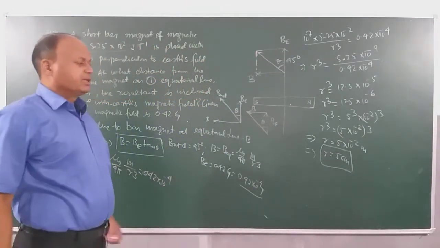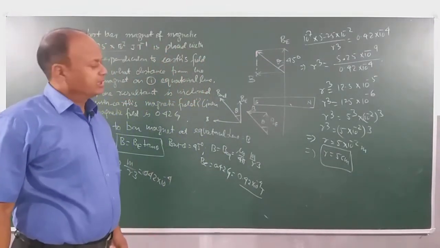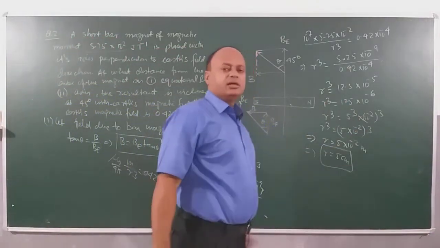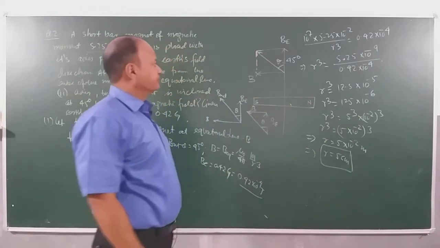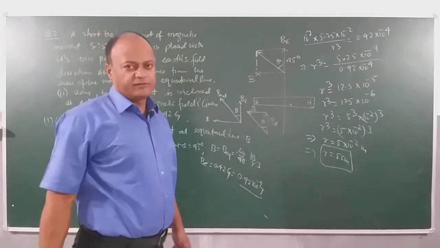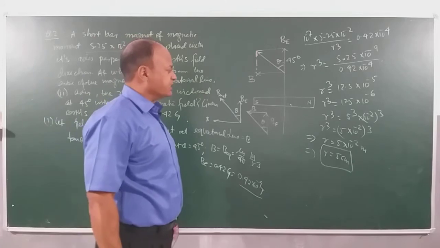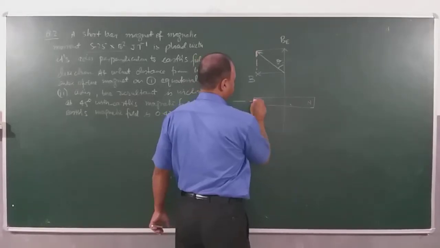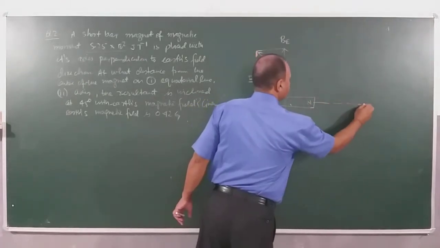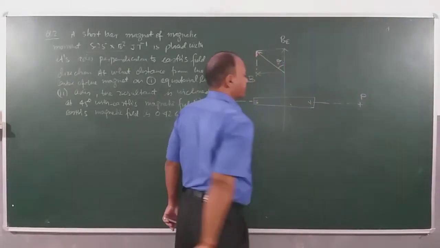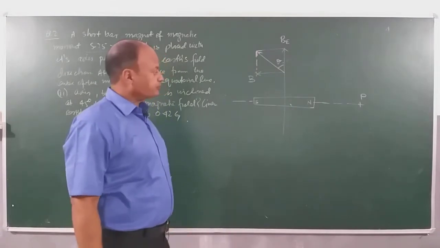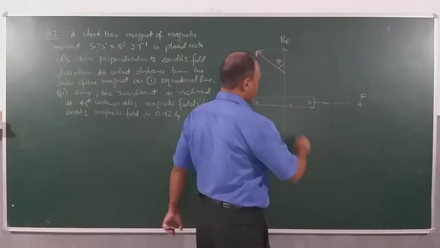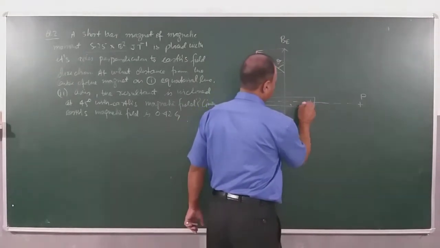So this is part 1 of the question. And then they are saying what will be the location of a point on the axis at which the angle is again 45 degree. Okay. So let's work on the second case, case 2. Now children, let's take a point P here on the axial point, and the distance of the point is R from the center of the bar magnet.